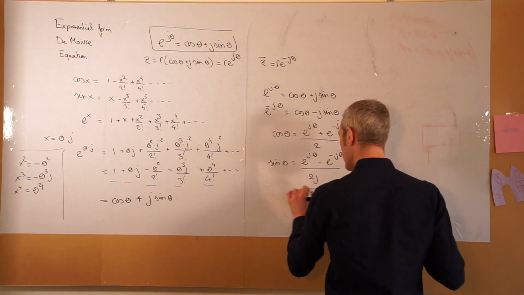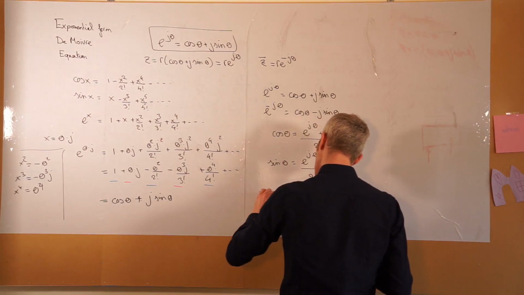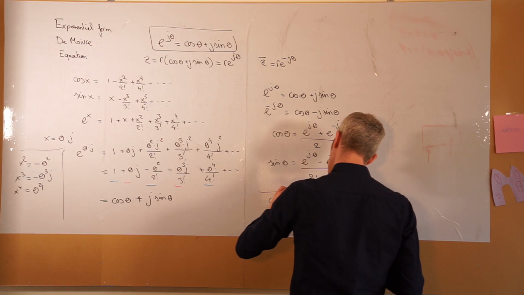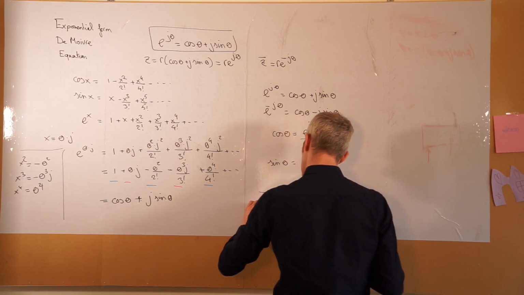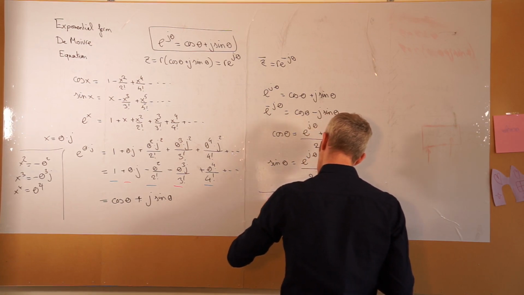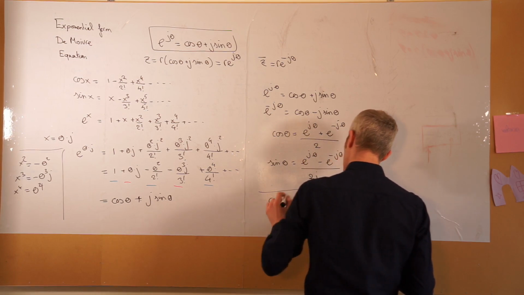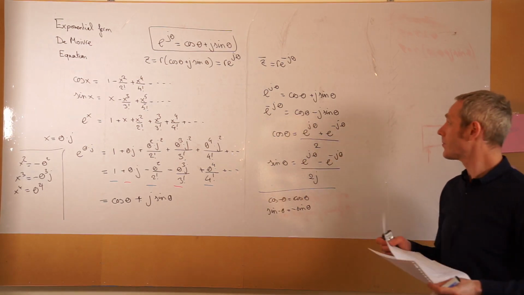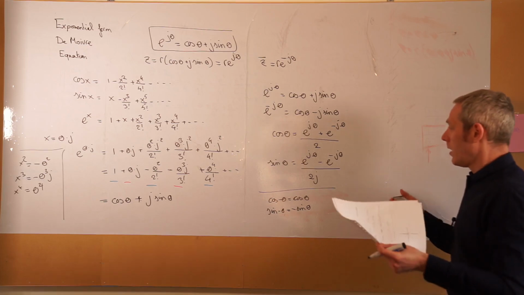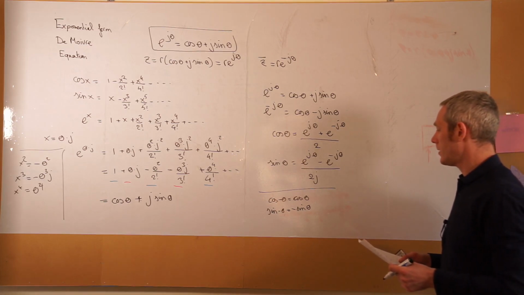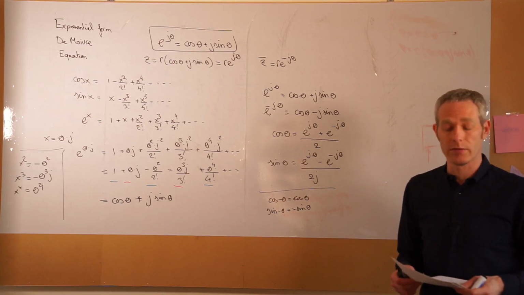And we use that cosine of minus theta is the cosine of theta, and the sine of minus theta is minus the sine of theta, two identities from geometry.